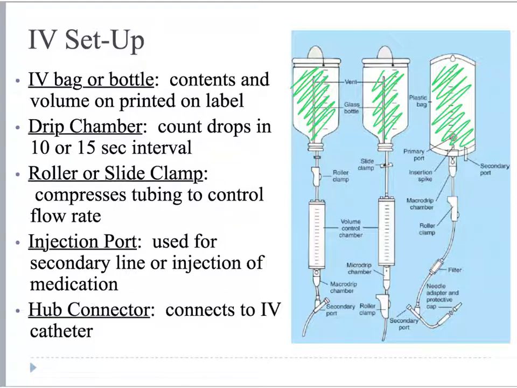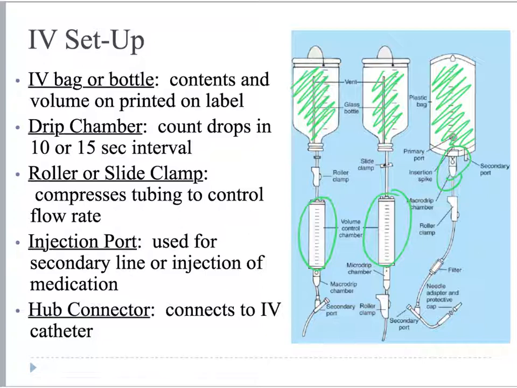From that bag, or from that bottle, you'll see the drip chamber. So our drip chamber is located here. Or if we look at the far right, we'll see that drip chamber right here. So when looking at our setup, we would use the drip chamber to set our IV.